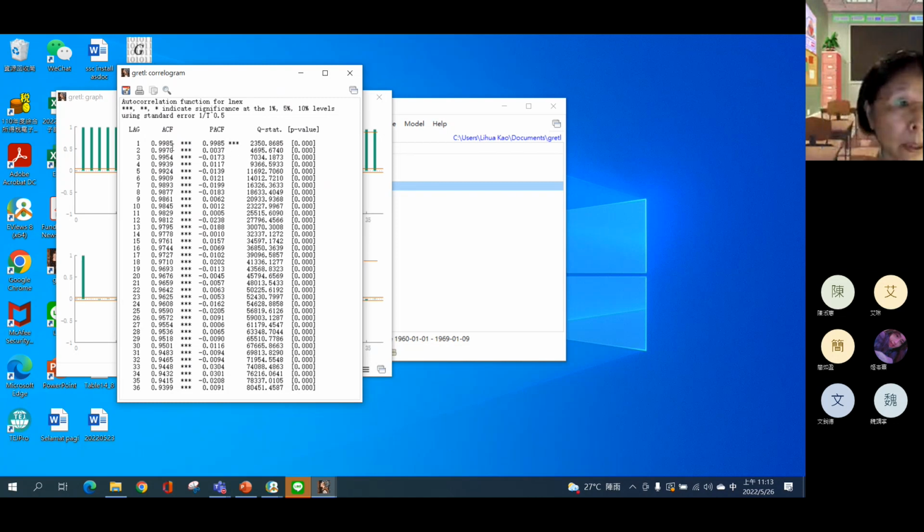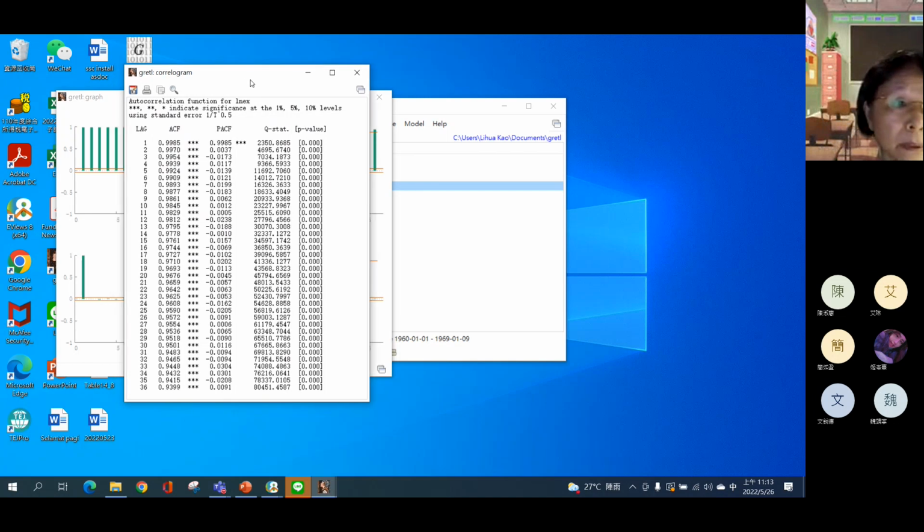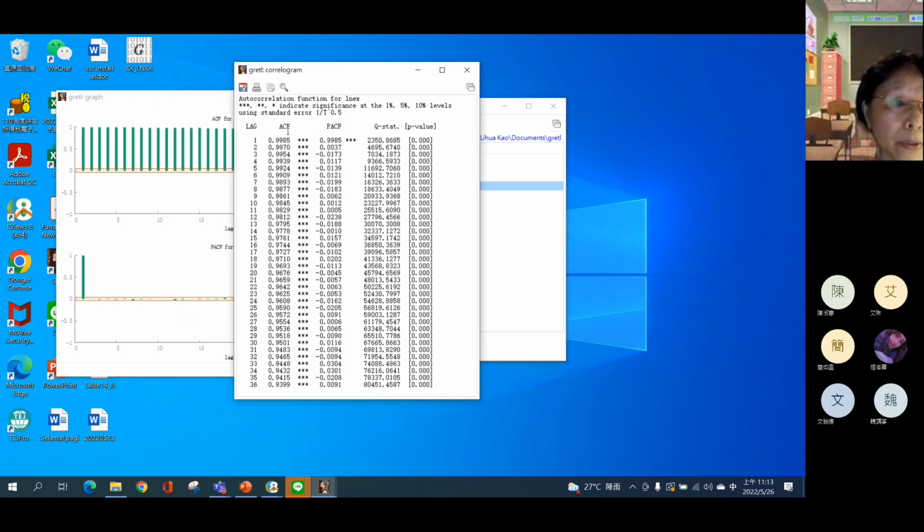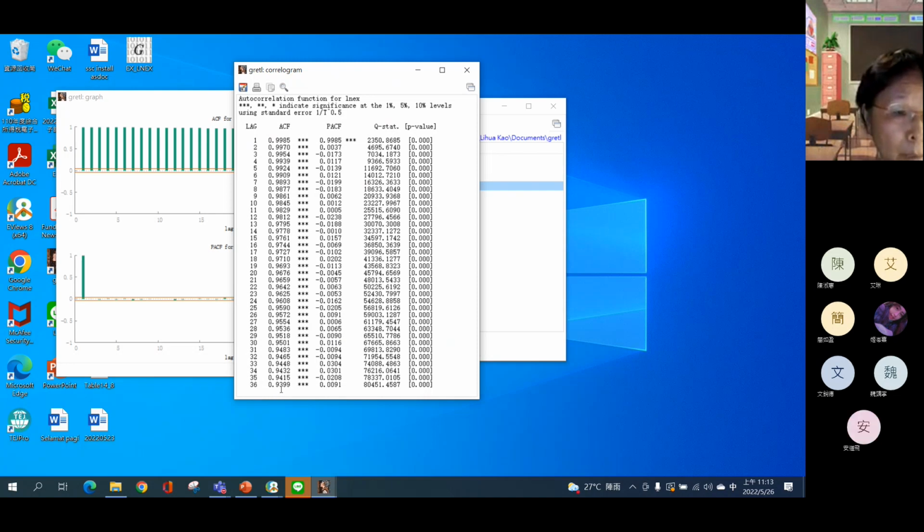Again, we're looking at these numbers. This is the so-called autocorrelation function, and the numbers go from 0.9985 up to 0.9399, about 94, up to the 36 lags. They are all very significant. Means what? Means they're non-stationary.